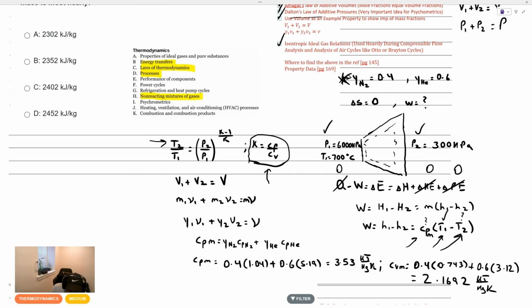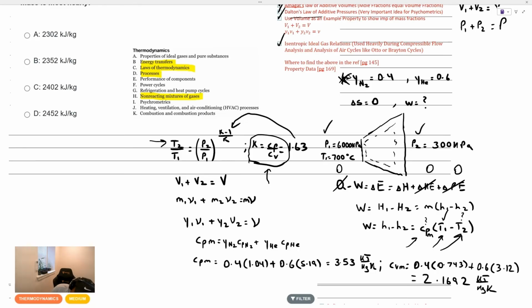If we go ahead and take that ratio, we get approximately 1.63. Okay, Cp over Cv is 1.63. And we can plug it into this relationship right here. 1.63 minus 1 divided by 1.63 gives us a value of 0.385.